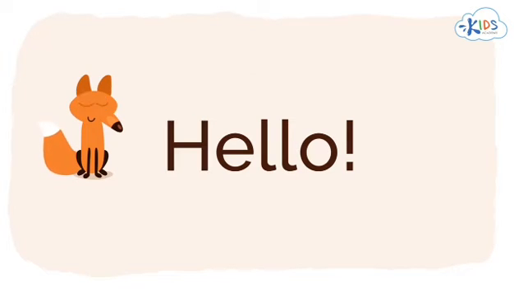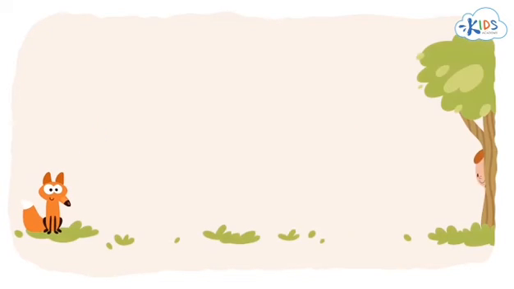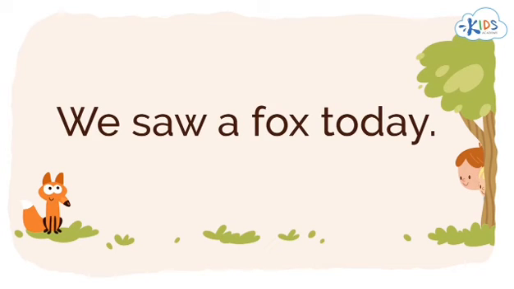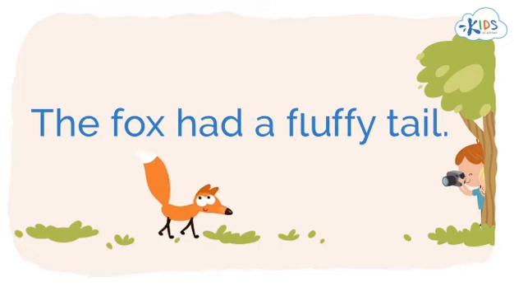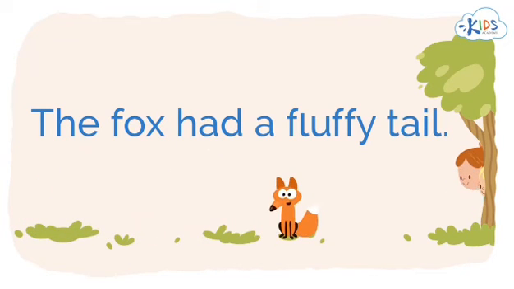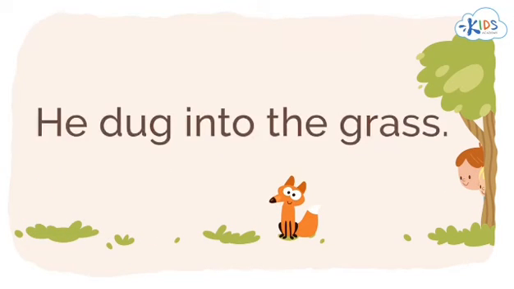Hello. So H is capital over here. Now I'll tell you the story about a fox. We saw a fox today. What did the children see? A fox today. The fox had a fluffy tail. What kind of tail was the fox having? A fluffy tail.